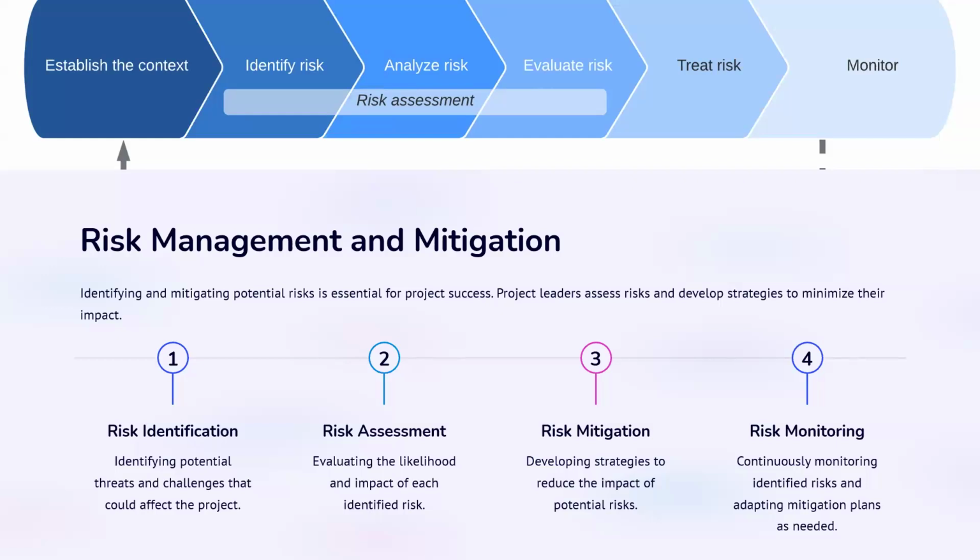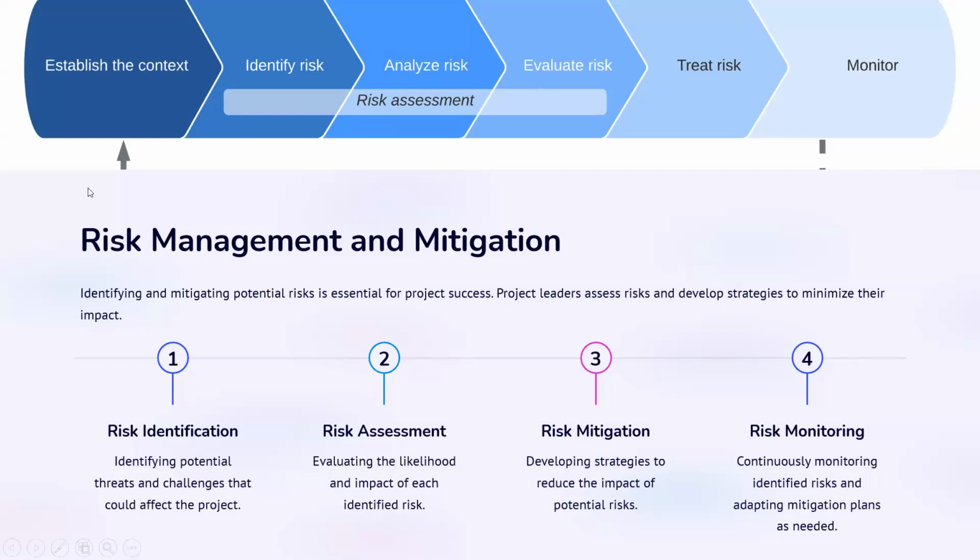Then analyze the root cause of the risk. Evaluate how this risk is going to create an impact, how much percentage this risk can impact the project work or project flow. Then treat the risk, try to minimize it, and then monitor the whole progress.